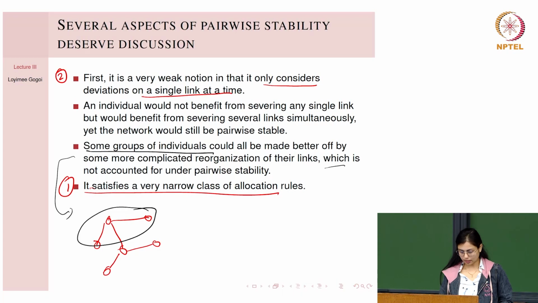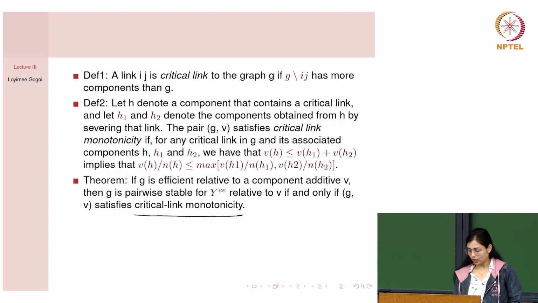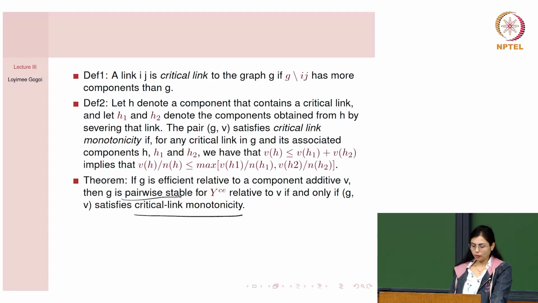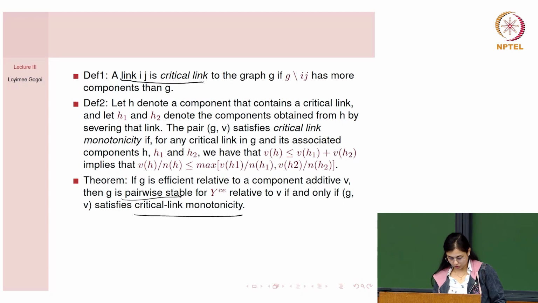So there are some drawbacks for pairwise stability, but here I have another definition. It's called critical link monotonicity, which is also related to pairwise stability. First of all, suppose in a network G the link ij is connected.